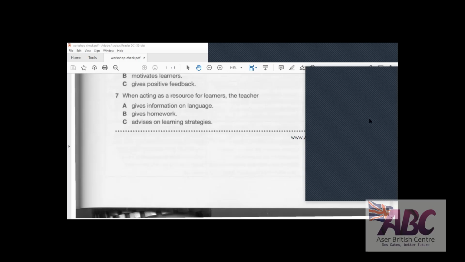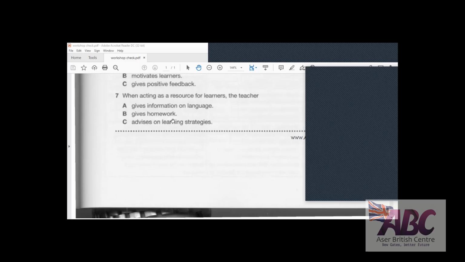Unmute yourself, please. Hello? Which one do you think is not suitable here? A, B, or C? Number B. B is not suitable. That's right. So giving information is a resource for learners, and also advising on learning strategies and giving homework.